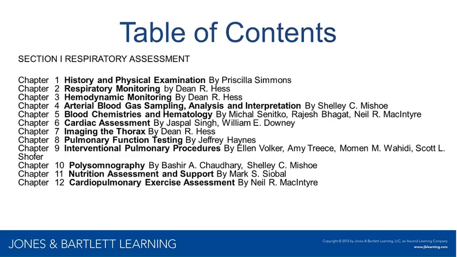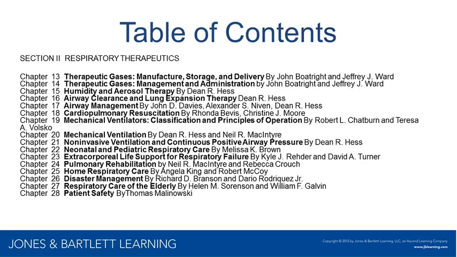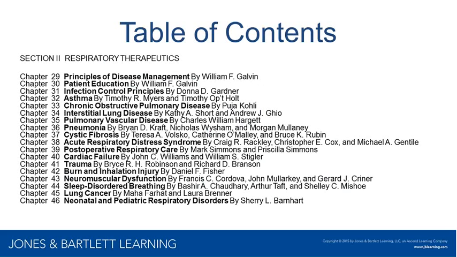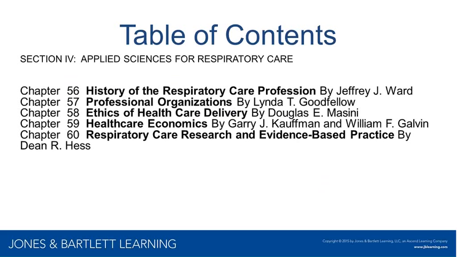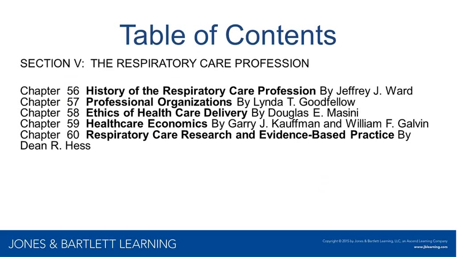Section 1 was respiratory assessment, and then we have the next one that deals with respiratory therapeutics, another section on diseases, a 4th one on the applied sciences, and then the last one we entitled respiratory care profession. I won't read those to you because I think you could take a look at the chapters and see how they're divided up. But we tried to put them into that kind of an order so that people can very easily access them as they were needed.